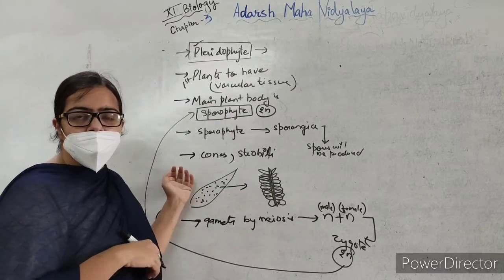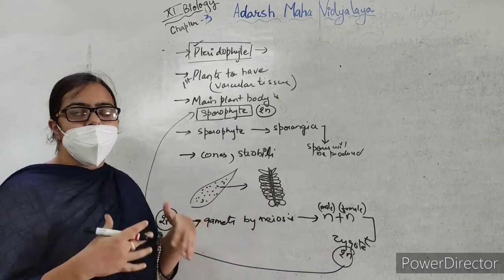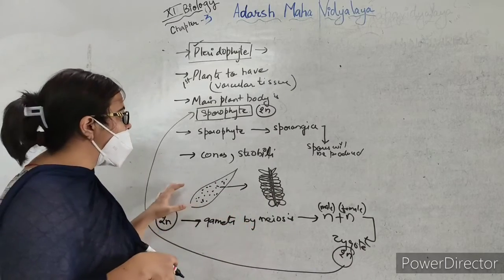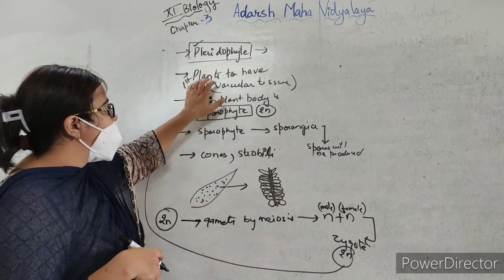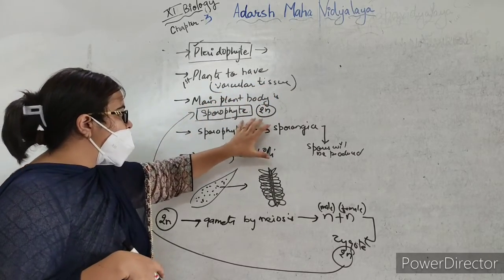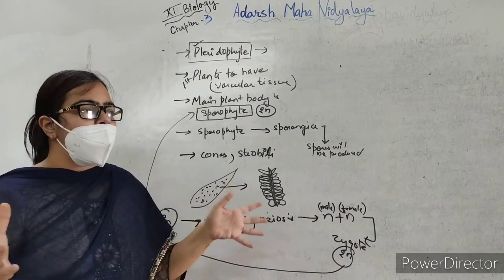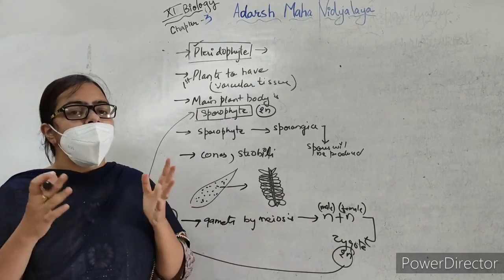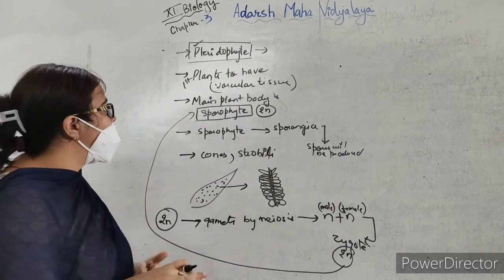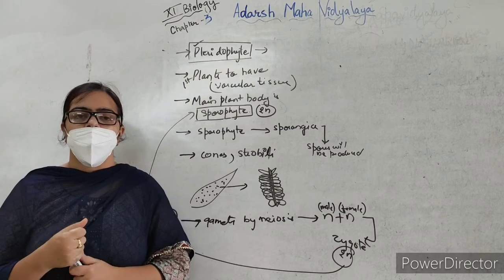It can be homosporous, where the same types of spores are produced, or heterosporous, where different types of spores are produced in the same plant. They are the first terrestrial plants to have vascular tissue, the main plant body is sporophyte, and they have a structure finally differentiated into root, stem and leaves. So this is the basics of the pteridophytes.